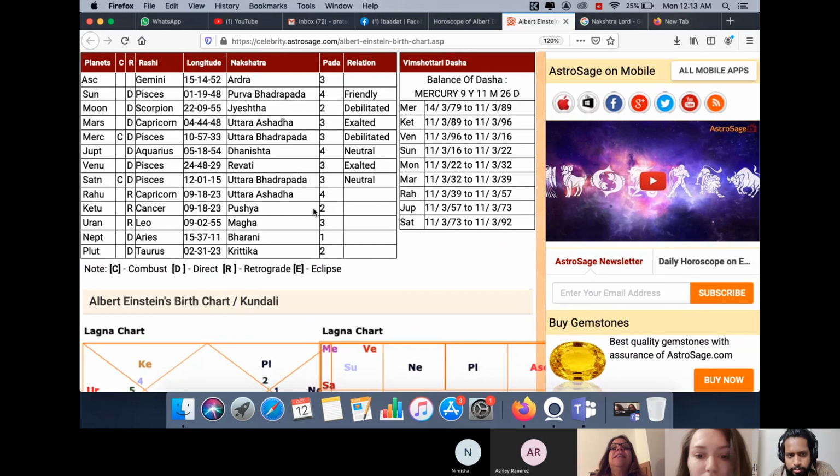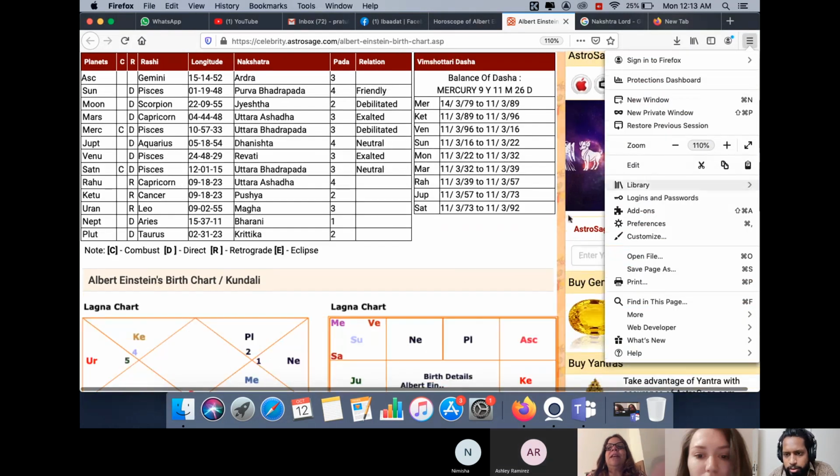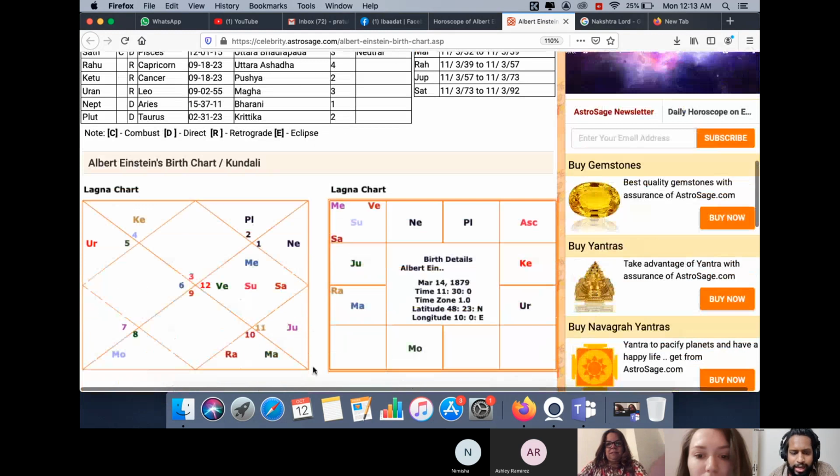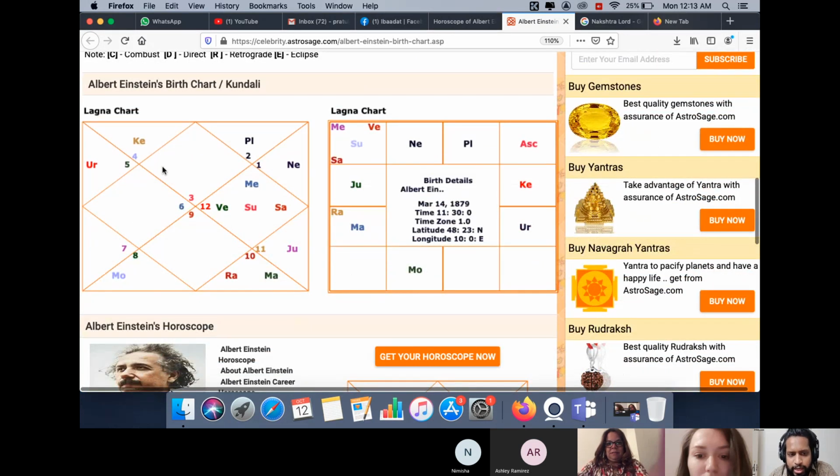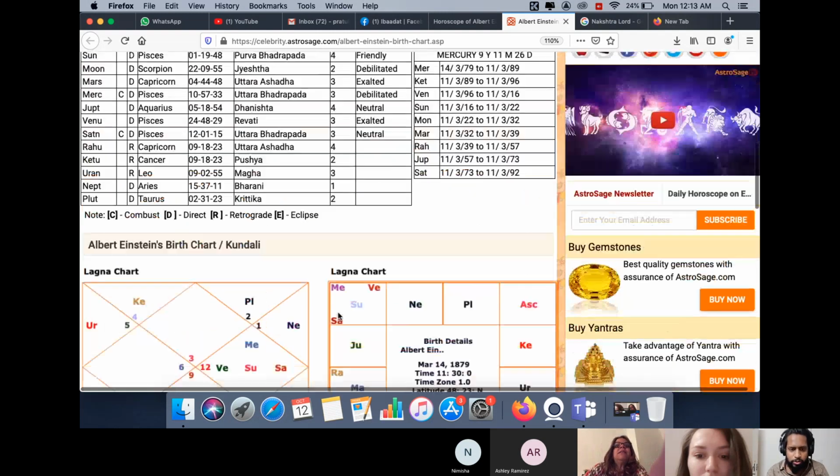Yeah, let's see. So we have the nakshatra Ardra here. I'm telling you, Ardra has the ruler Rahu. So Rahu rules Ardra. If you see his Lagna chart where Rahu is sitting, Zora, tell me the sign and house of Rahu.